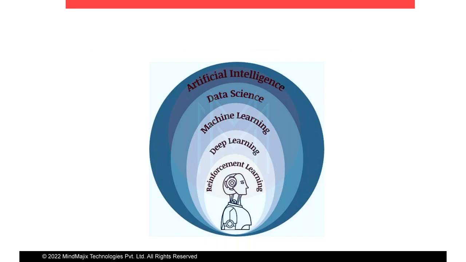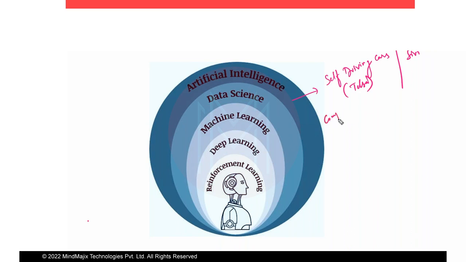So, some of the applications are self driving cars and Siri. These are two examples of AI applications. Self driving cars, for example Tesla. Tesla is a self driving car, and we can call that an AI application.